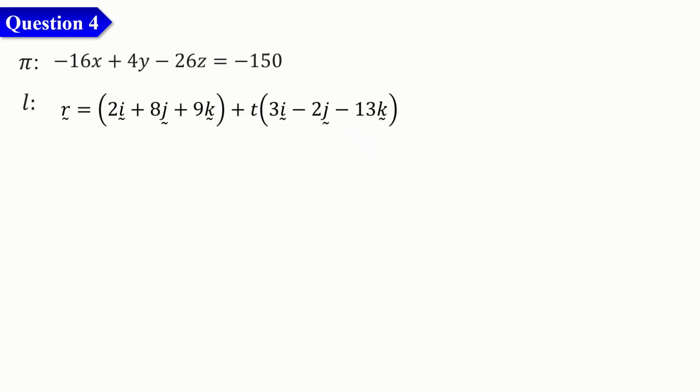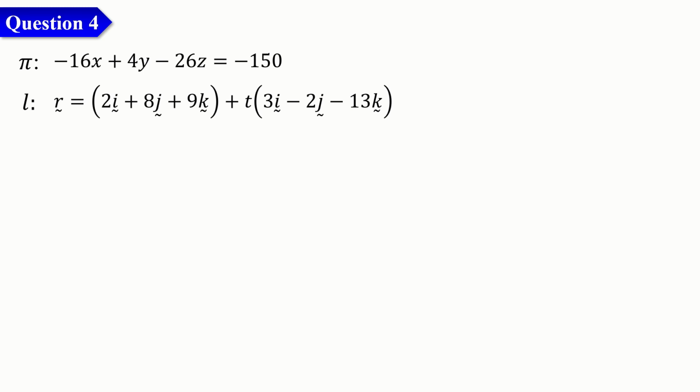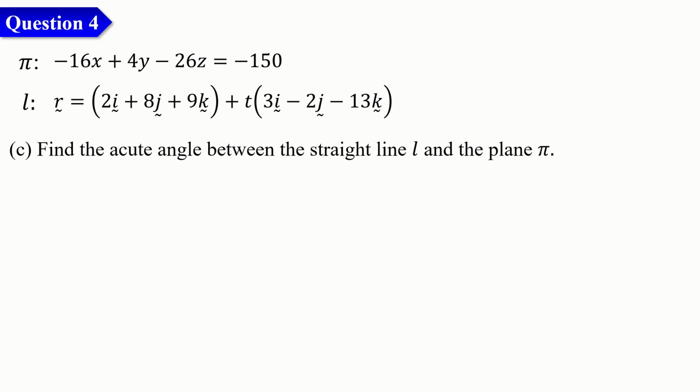Alright, so now we already have the equation of the plane and also the equation of the line. The third question is to find the acute angle between the straight line L and the plane pi.